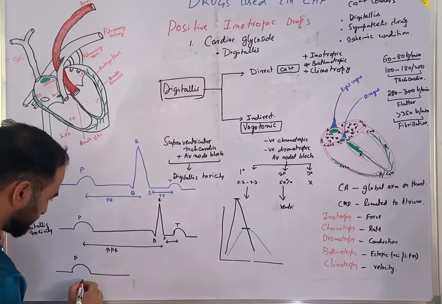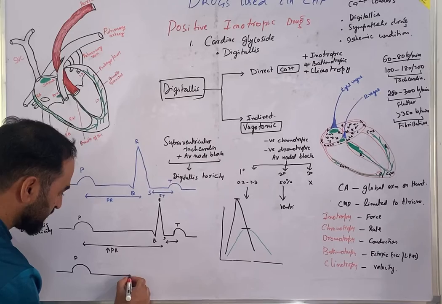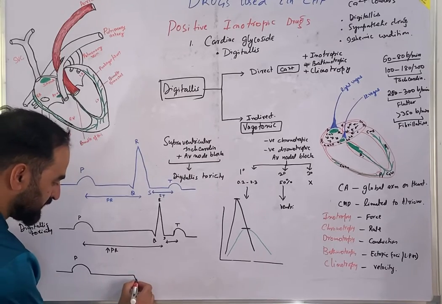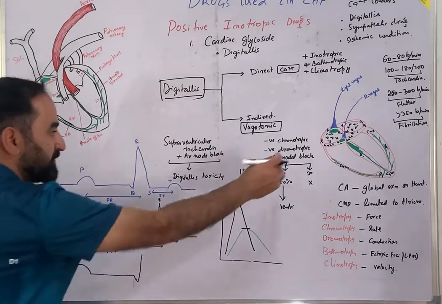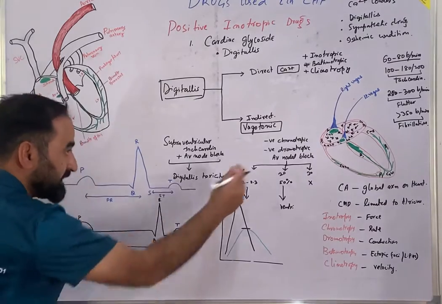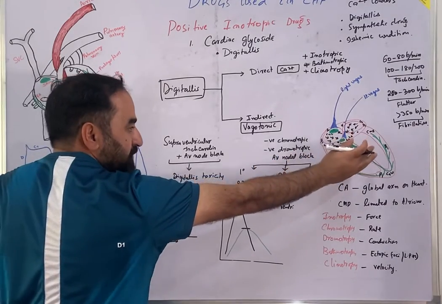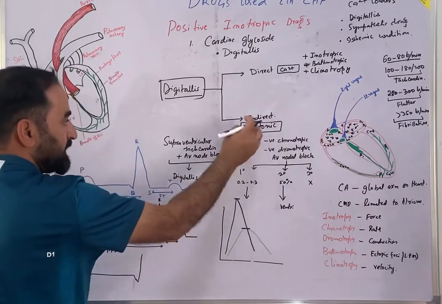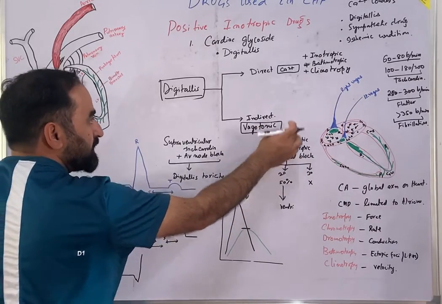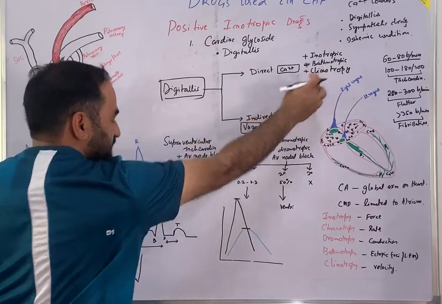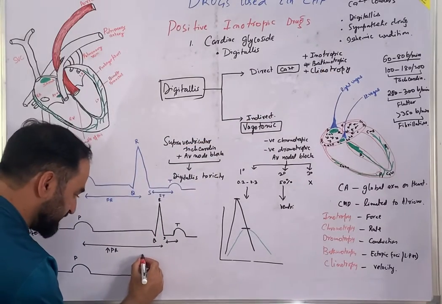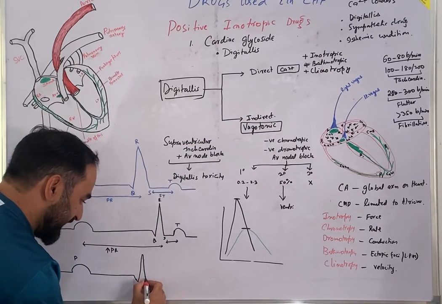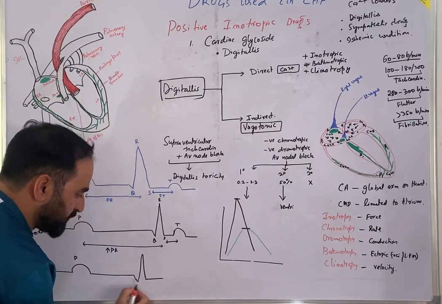But the contraction is chronotropic because of calcium loading, so both inotropic and chronotropic effects are there. That means your ST segment is very quick.